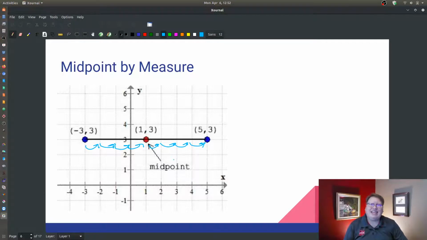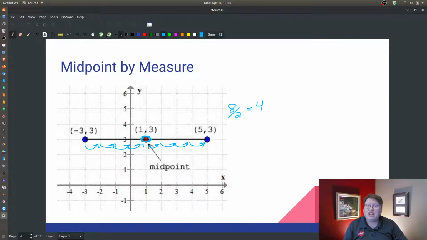So I have 8 units of measure for this segment from -3, 3 all the way over to 5, 3. The halfway point would be where I have 8 units divided by 2, so it would be 4 units from the endpoint. If I come over here and count 1, 2, 3, 4, then this point right here in the middle, that is my midpoint.